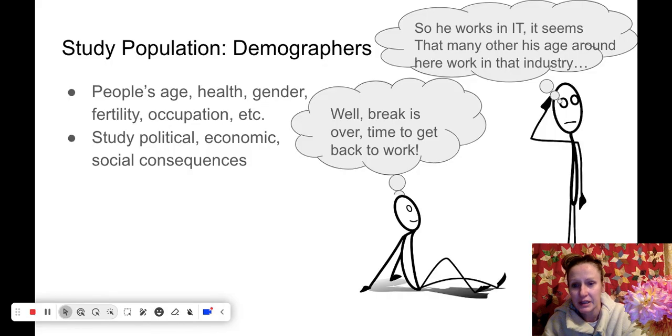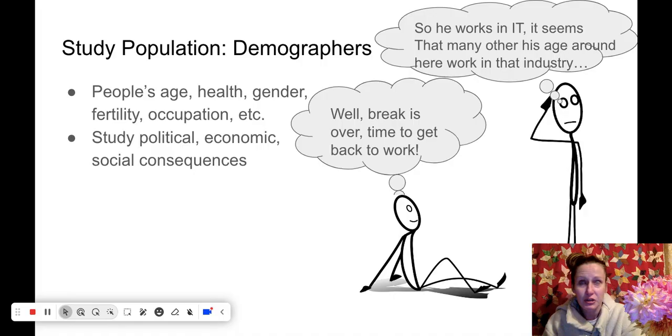They also study the political, economic, and social consequences of the population being what it is, especially in connection to those demographics. So, if there are a lot of healthy people or a lot of unhealthy people in a population, what could be some of not only the causes, but the consequences of that?